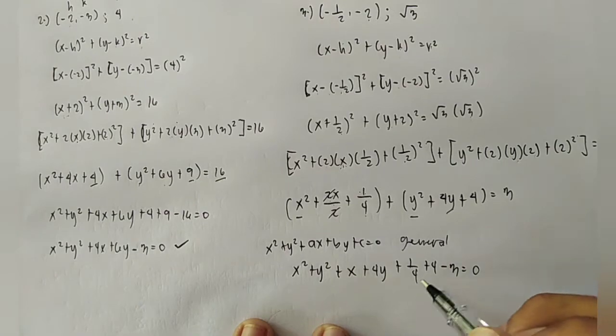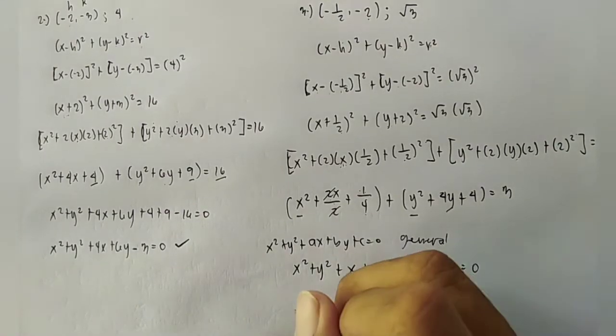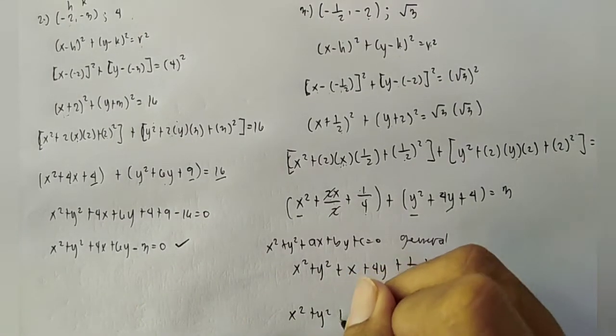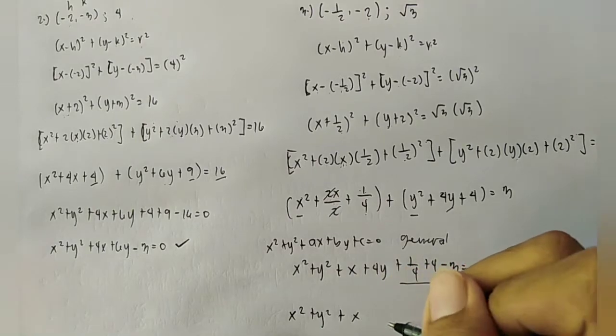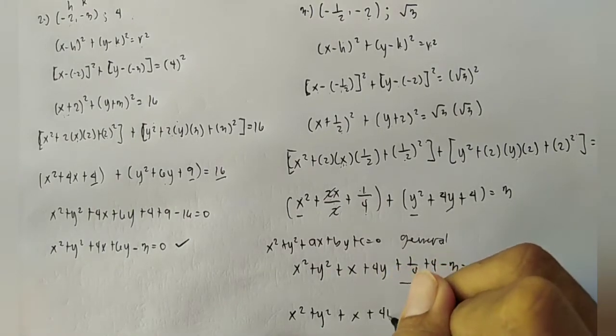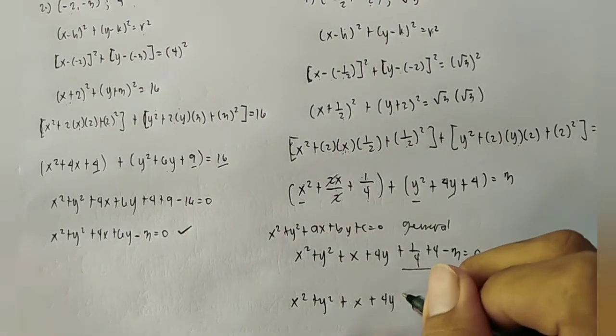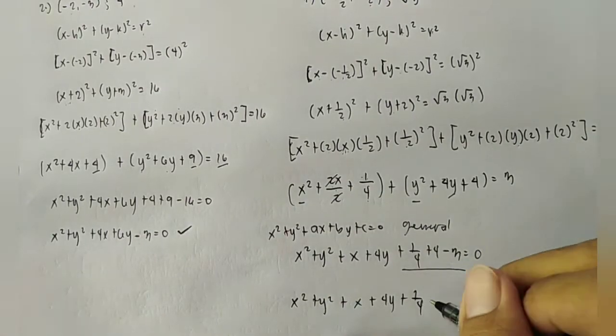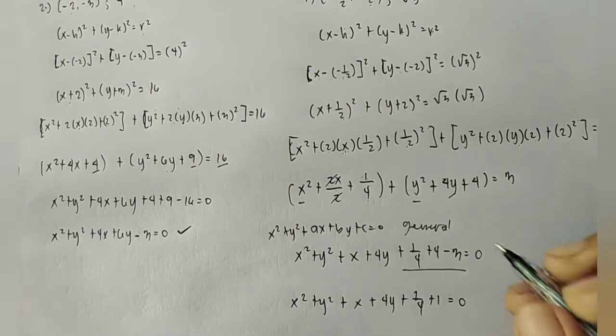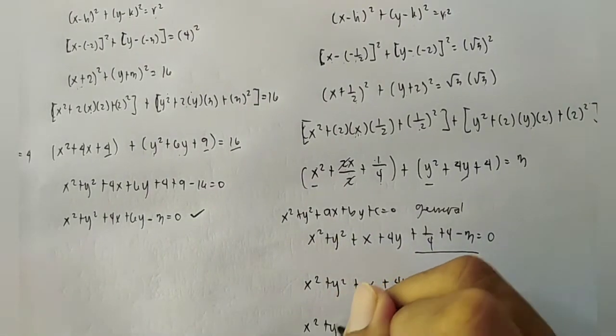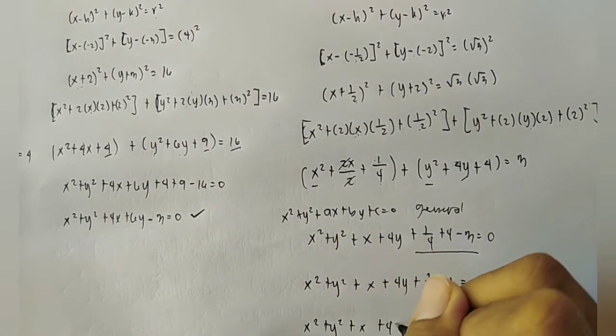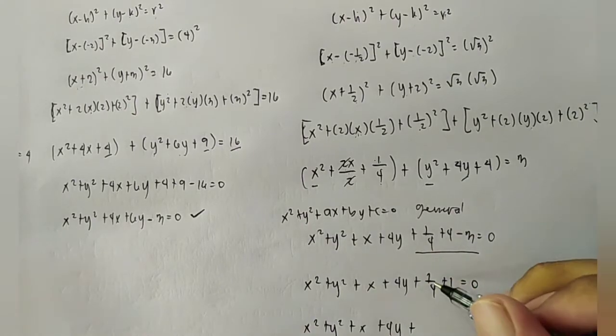So now let us simplify this side. So we have x squared plus y squared plus x plus 4y. So we have 1/4 plus 4 minus 3, that is 1/4. 4 minus 3, that is 1, is equal to 0. So x squared plus y squared plus x plus 4y, plus 1/4 plus 1.